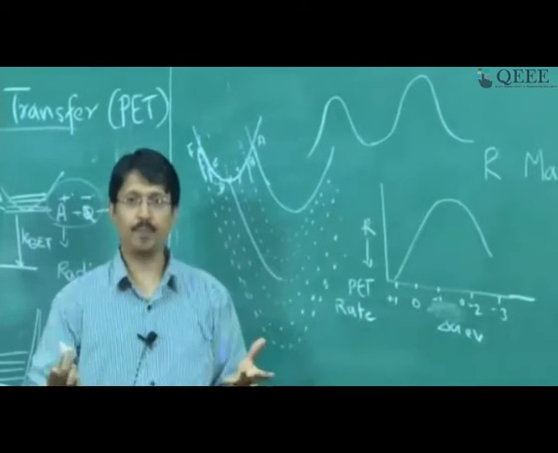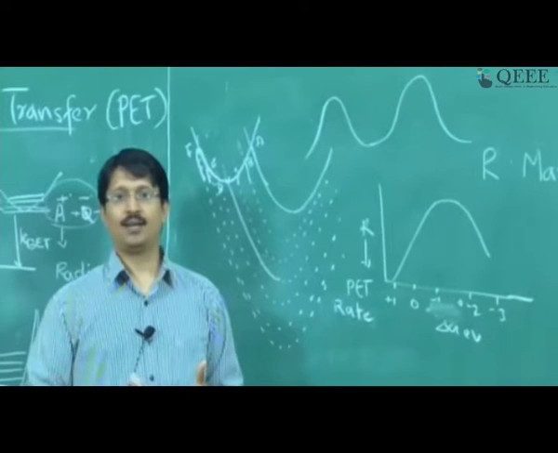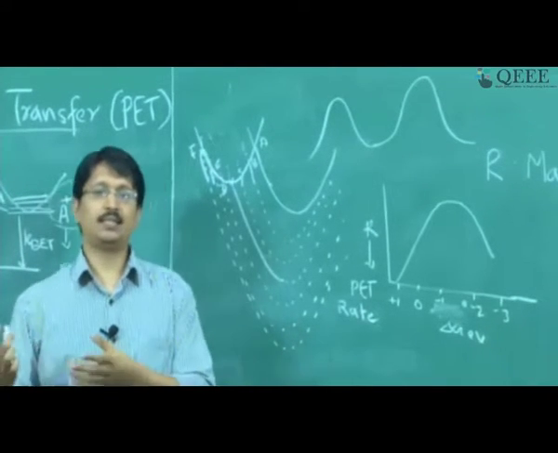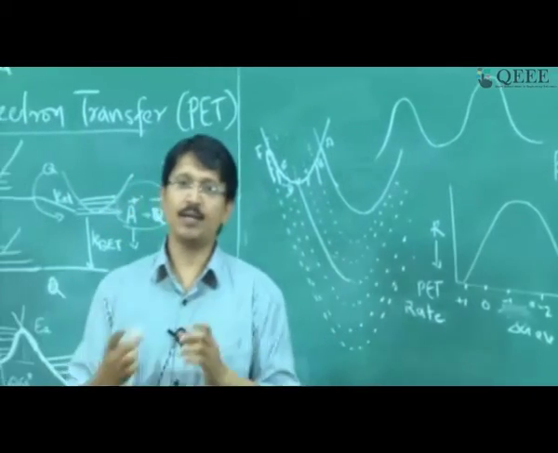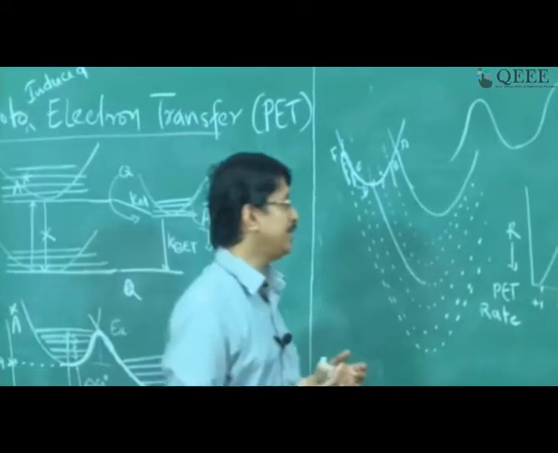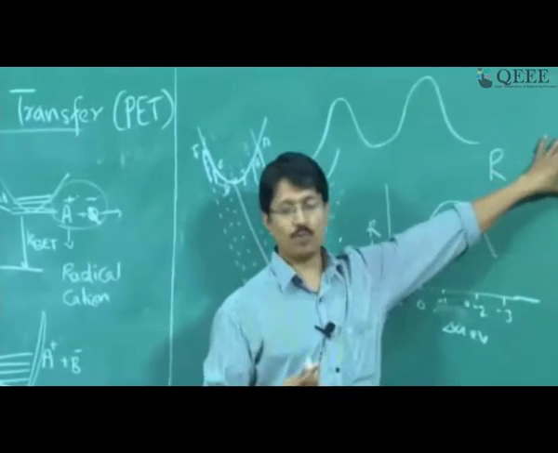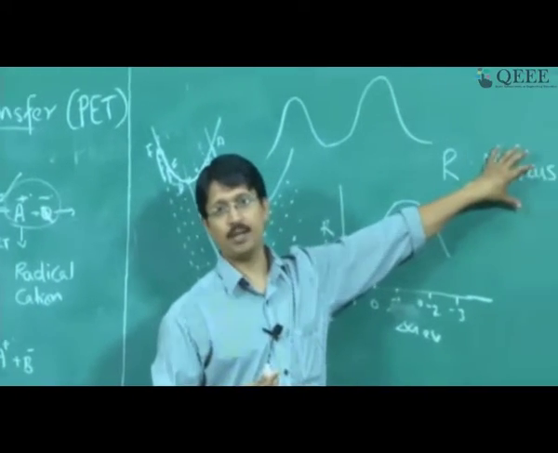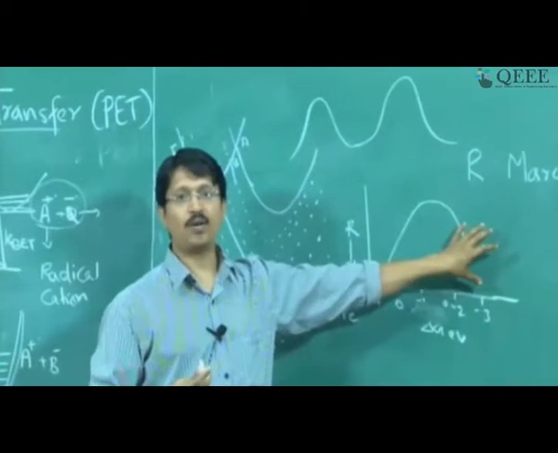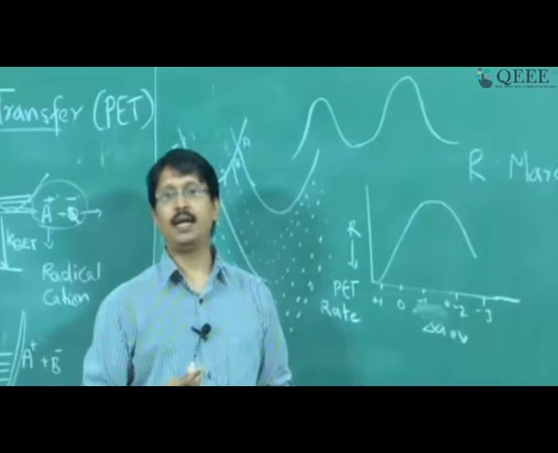He theoretically predicted this. Later, after 30 years, a group of scientists did the experiment and proved that his prediction was correct. And then in 1991, I think, Marcus was awarded the Nobel Prize in chemistry for this relation between the rate of electron transfer and delta G.